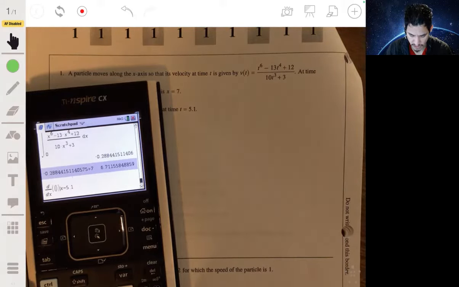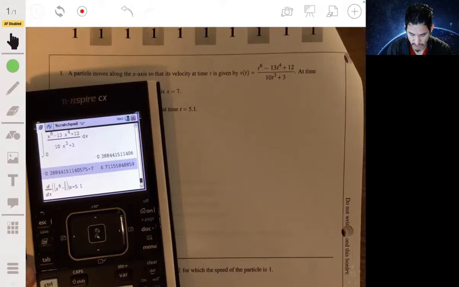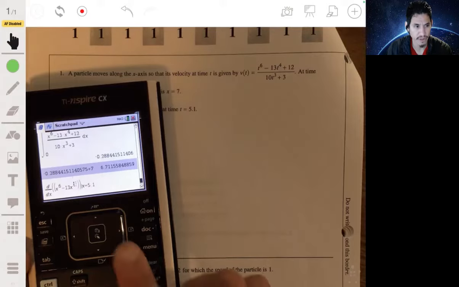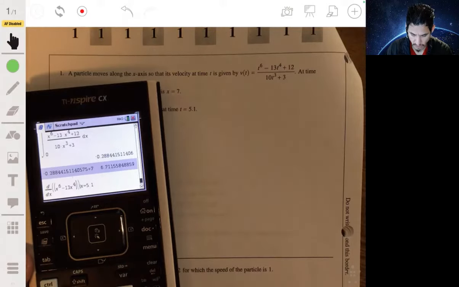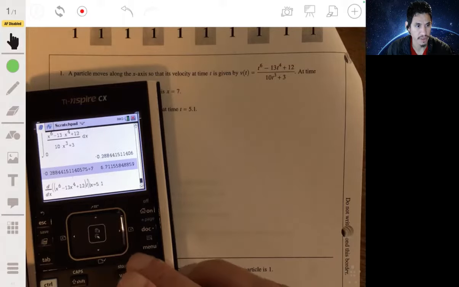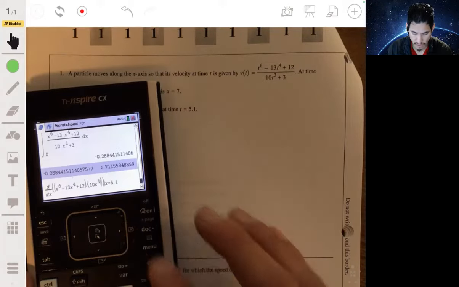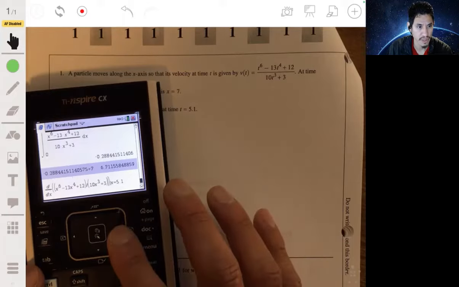So we've got x to the 6 minus 13x to the 4th plus 12, divided by 10x to the 3rd plus 3.